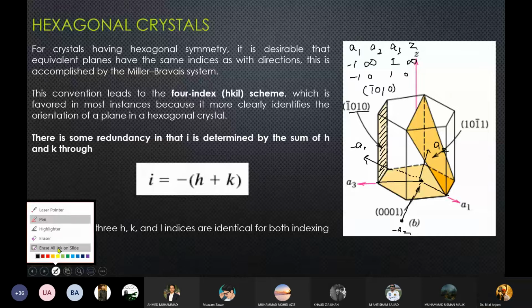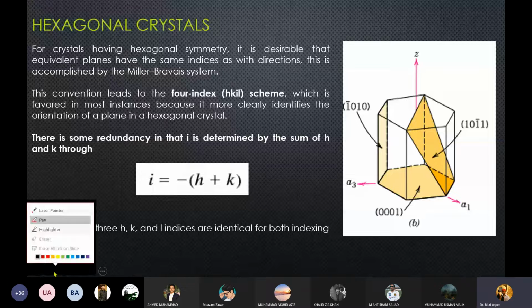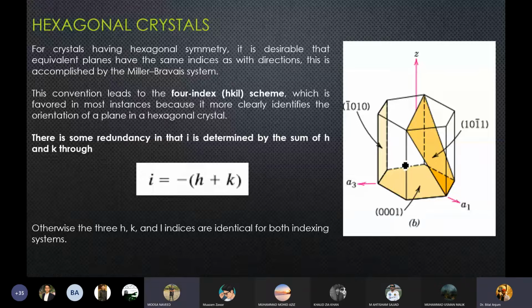Yes, sir. Now, sir, let's look at another plane. Sir, why do we represent it by infinity if the plane is not cutting? Beta, did you join late? Better go back and see the recordings. All right? We do it because if the plane is not cutting, it is essentially parallel.